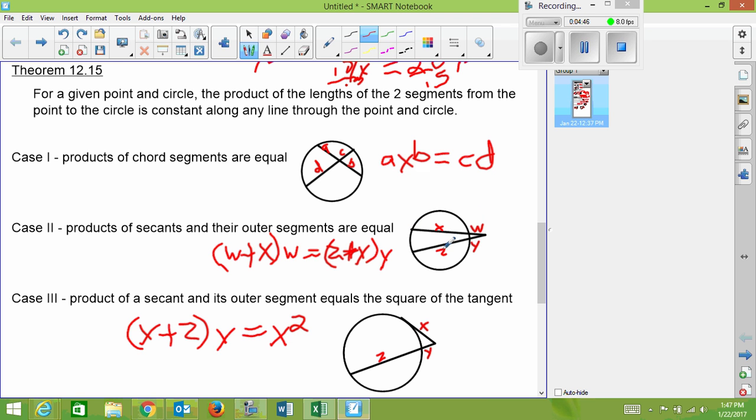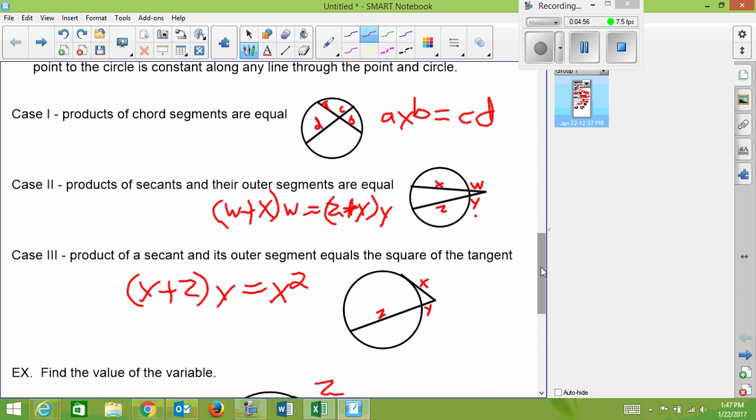And then I have to take z plus y, because that's the whole secant, and then times y, because that's the outside segment. And the third case: the product of a secant and its outer segment equals the square of the tangent. So in this example, z plus y again times the y, because that's the outer segment, has to equal the tangent, which is this x right here. Remember, a tangent touches a circle at just one point.